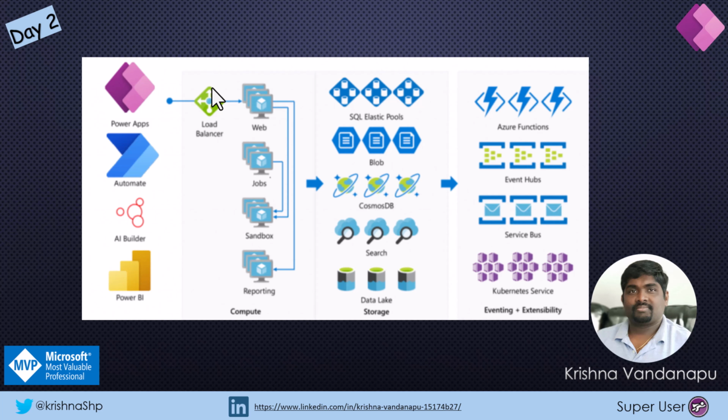In that way, if a user is rendering a Power BI report, it will route the user directly onto the reporting server, and then it will communicate with the data storage.